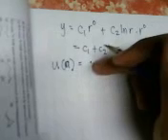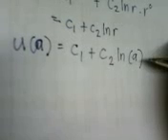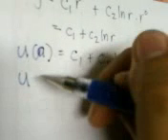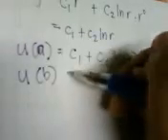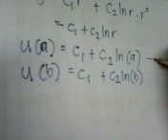This is the first condition. So c1 plus c2 ln of a, and we have u of b is equal to c1 plus c2 ln of b. So this would be u sub o, u sub 1.